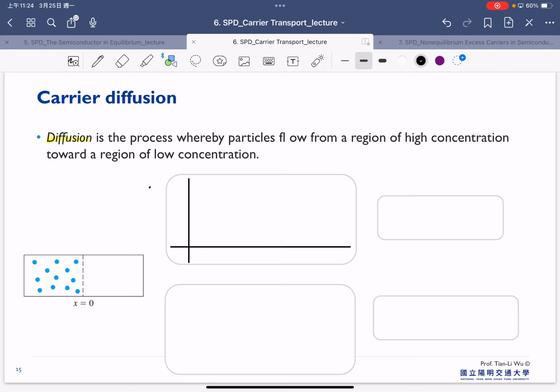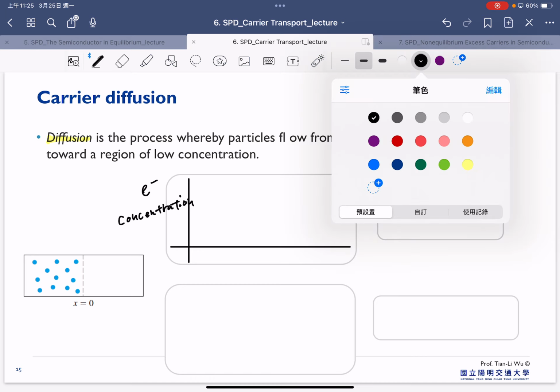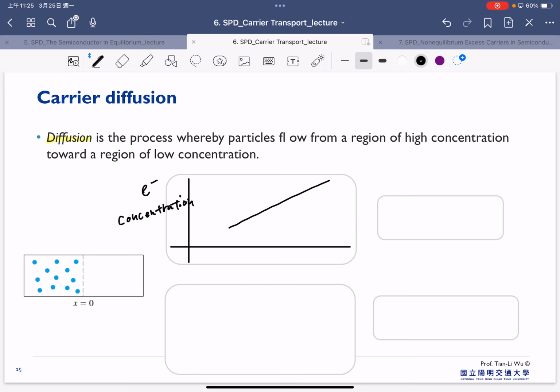So if you try to plot the electron concentration, and we have an electron concentration distribution in this way, that means in this region we have a high electron concentration and in this region a low electron concentration. This is the x-axis.